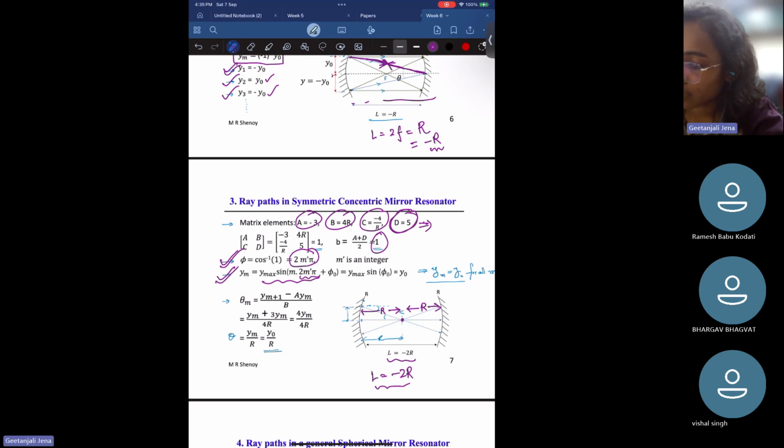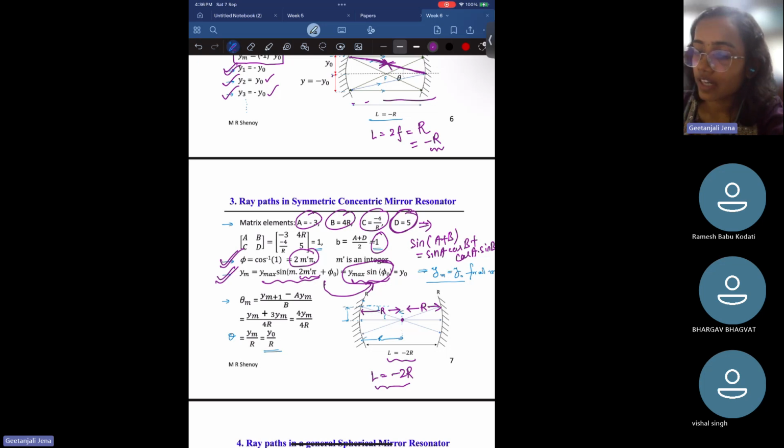This means you can write this relation as y_max sin φ0. I'm assuming that you can get this equation from this, using the formula sin(a plus b) is sin a cos b plus cos a sin b. From this relation, you can easily find out this relation y_max sin φ0.